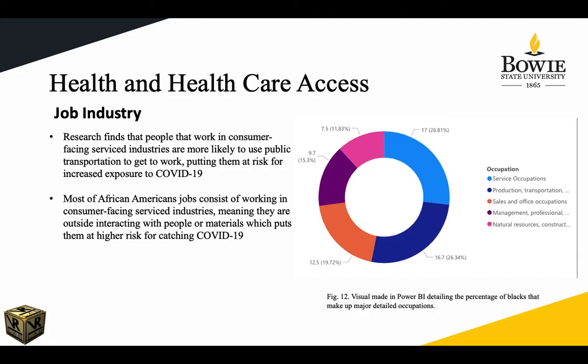The next thing I explored was the job industry, based on a population survey of data from 2020 from the U.S. Bureau of Labor Statistics on annual averages of employed persons by detailed occupation between whites, blacks, Asians, and Hispanics. 9.7% of blacks made up all management, professional, and related occupations, 17% of all service occupations.